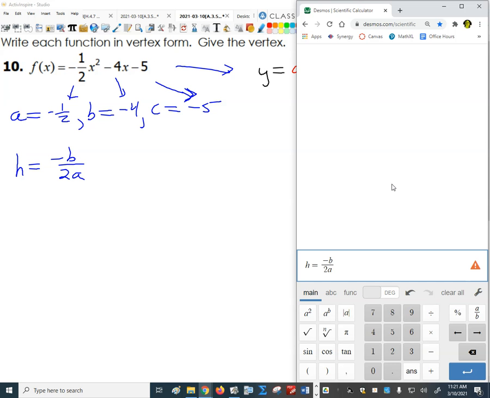Then I can just replace the values of A and B with the values that I wrote down on my paper. I'm going to put the B in parentheses because I want to always substitute in parentheses, and replace it with a -4. So I've got -B, which is the quantity -4. On the bottom, I'll put the A in parentheses and replace it with a -1/2. Look what I get, -4 for my answer.